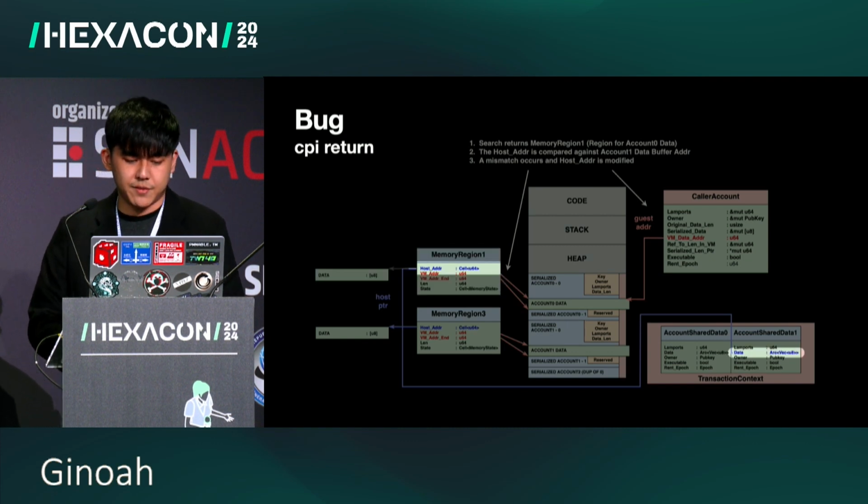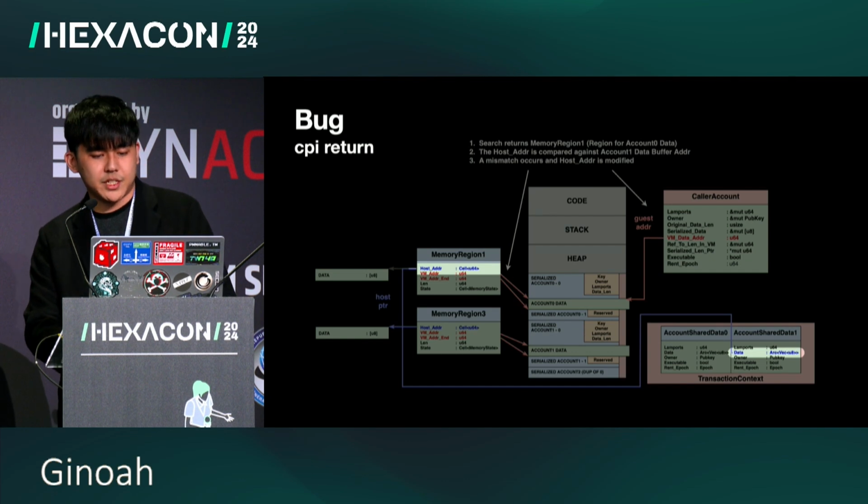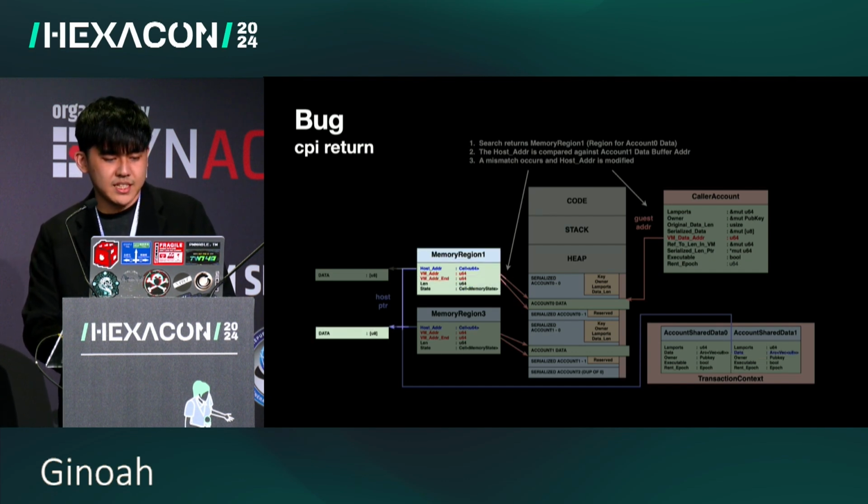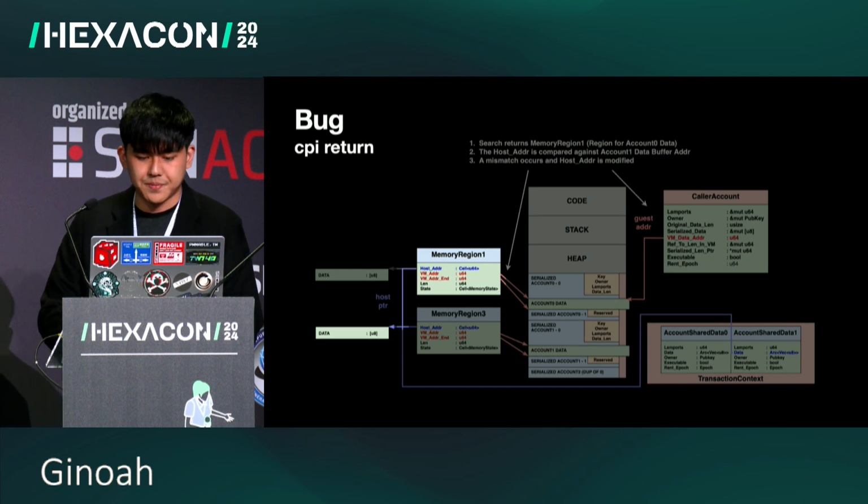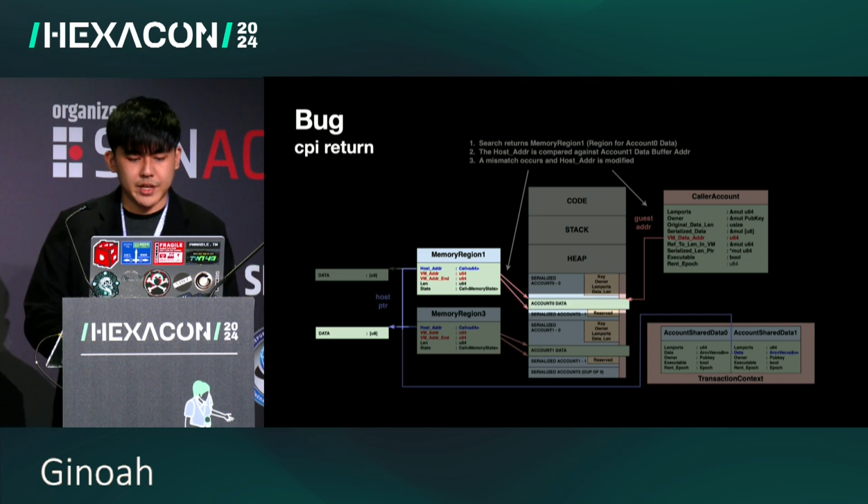The code checks if the host address in the memory region matches the account 1's data host address. Since they don't match, the host address in the memory region will be updated. As a result, the memory region of account 0's data will now point to the buffer of account 1's data. And because the memory region for account 0 is writable, we can now freely modify account 1's data using it.